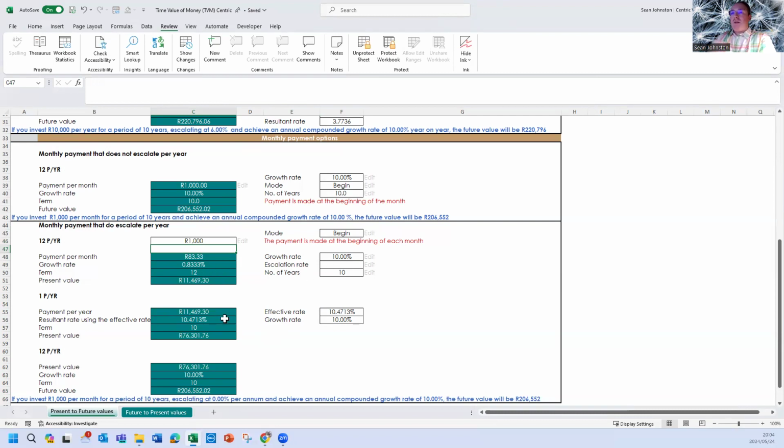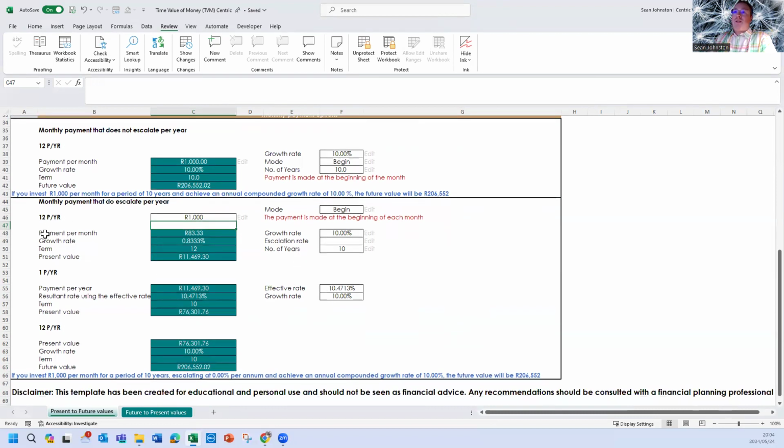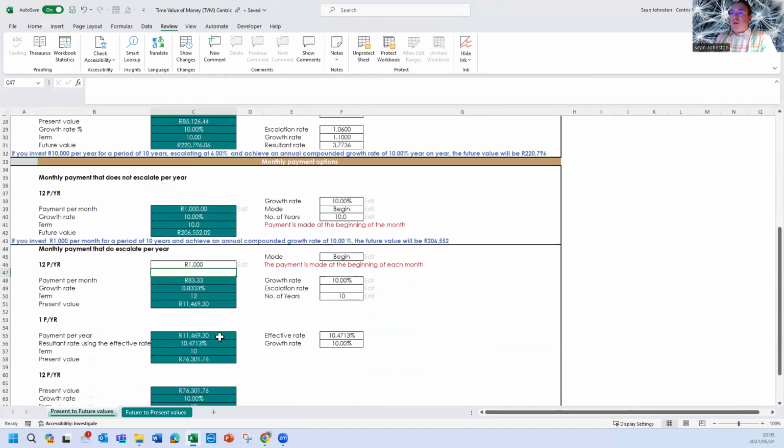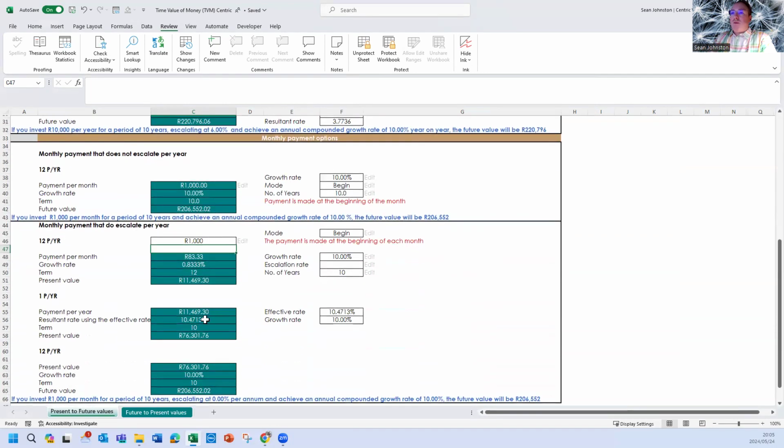Now, to calculate a future value working with an escalation, there's actually 3 steps one needs to do in their calculator to perform this. You first need to work out the present value, then you need to use the payments, and you'll need to work out the effective rate. I will get to the effective rate over here. And by doing that, you work out the present value with the effective rate.